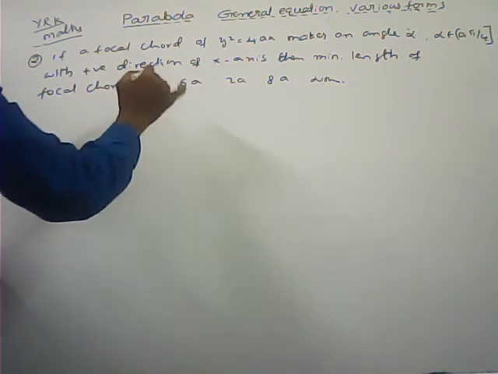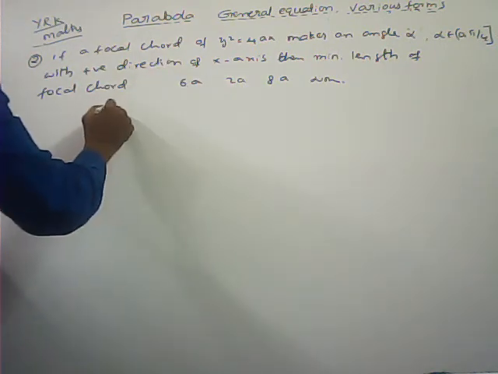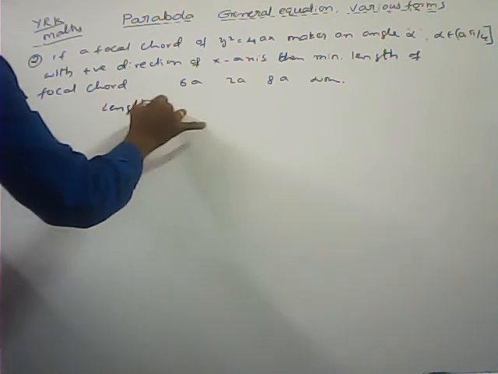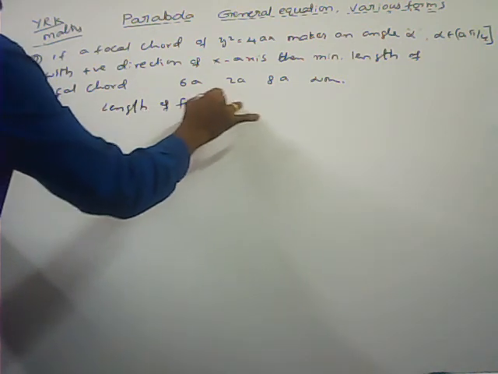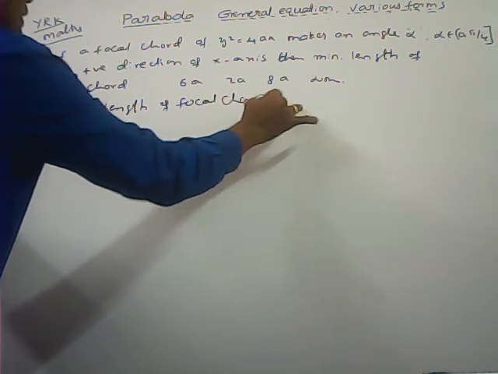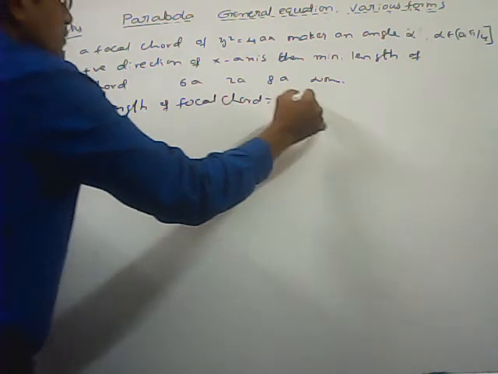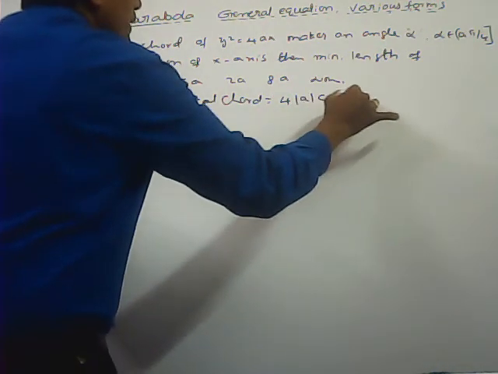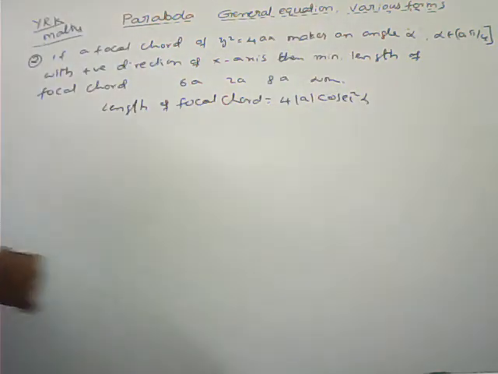If it makes an angle alpha, the length of the focal chord is equal to 4 into modulus of A into cosecant square alpha.